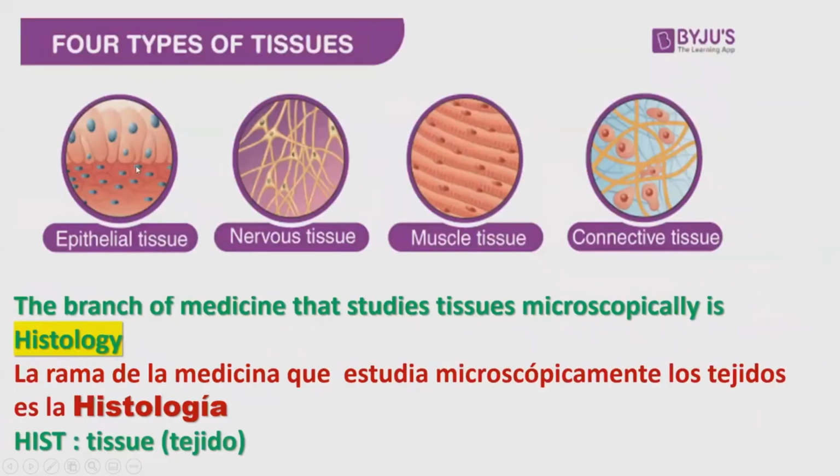Again, more images of the different types of tissue: epithelial, nervous, muscle, and connective. Connective tissue has a lot of fibers. And the branch of medicine that studies tissues microscopically is histology.